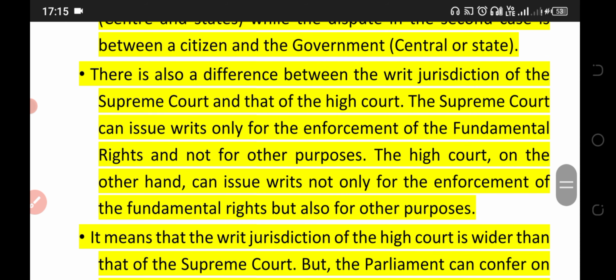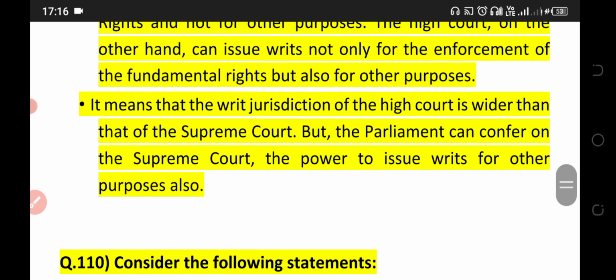There are also differences between the writ jurisdiction of the Supreme Court and the High Courts. The Supreme Court can issue writs only for the enforcement of the fundamental rights, not for other purposes. The High Court, on the other hand, can issue writs not only for the enforcement of the fundamental rights, but also for other purposes.